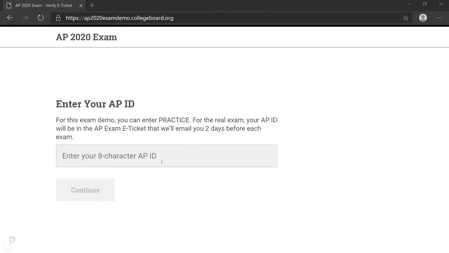You'd click on the link that was sent by College Board, and you'll go to a page. This page is a demo, so you can use it to practice. If you go to AP 2020 examdemo.collegeboard.org, you can practice. The link will take you to a page like this where you enter your ID.